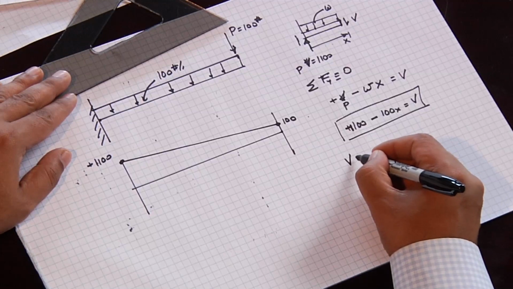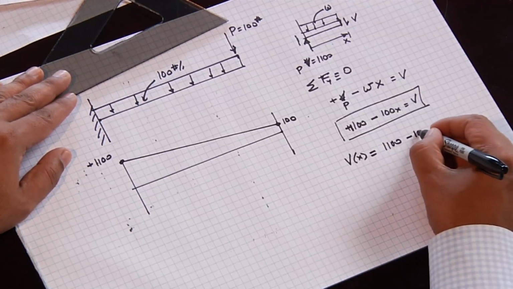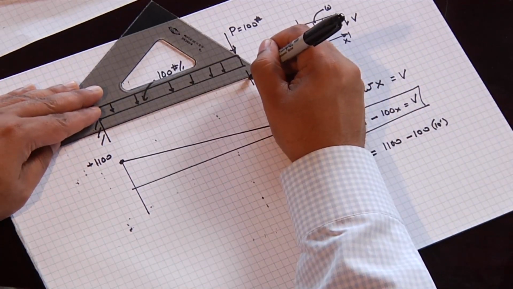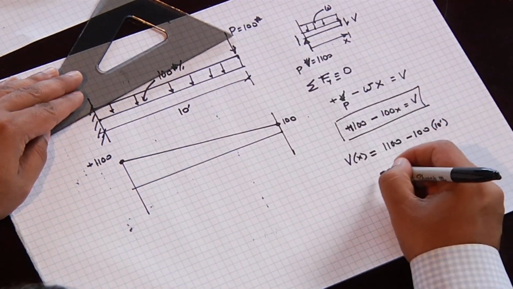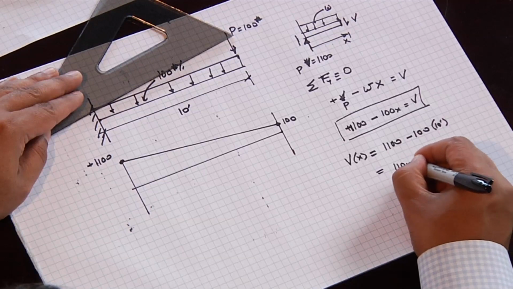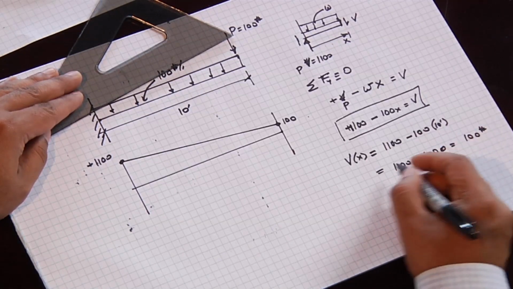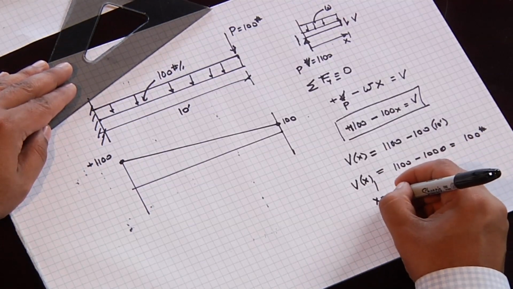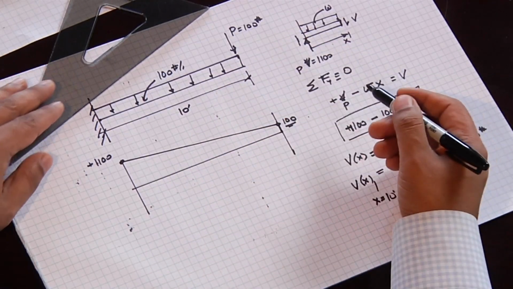And the way we can see that, we can plug in the distance: 1100 minus 100 times 10 feet, which is 1100 minus 1000 equals 100 pounds. That's at X equals 10 feet, and then at this point we have the 100 that then drops it down to 0. And so that's our shear diagram.